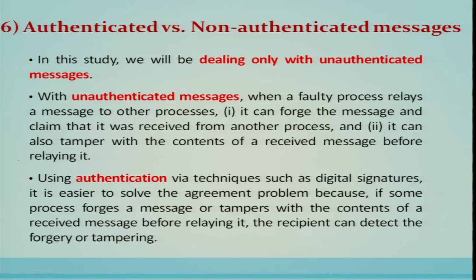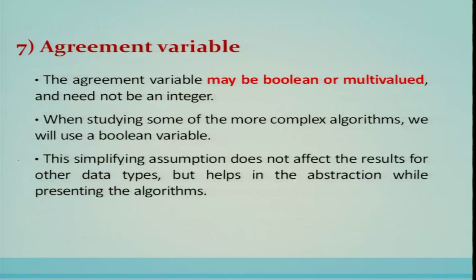Using authentication via techniques such as digital signatures, it is easy to solve the agreement problem, because if some process forges a message or tampers with the content of the received message before relaying it, the recipient can detect the forgery or the tampering. So we are going to use only unauthenticated messages as far as the algorithms are concerned.